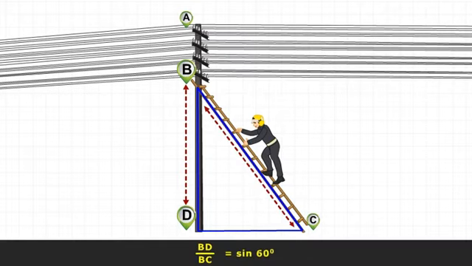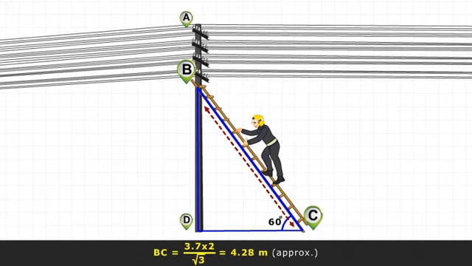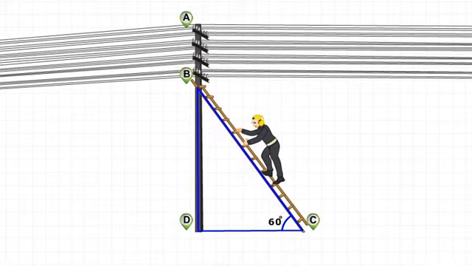So BD upon BC equals sin 60 degrees, or 3.7 upon BC equals root 3 upon 2. BC equals 3.7 times 2 upon root 3, which equals 4.28 meters approximately. That means that the length of the ladder should be 4.28 meters.